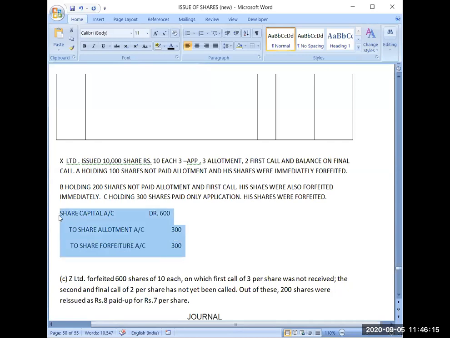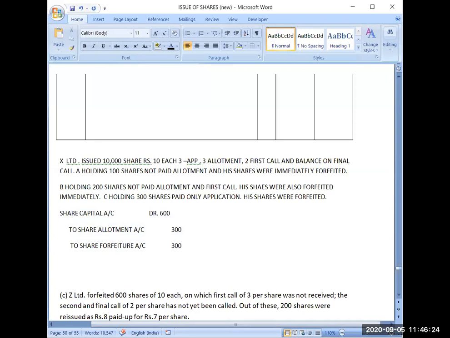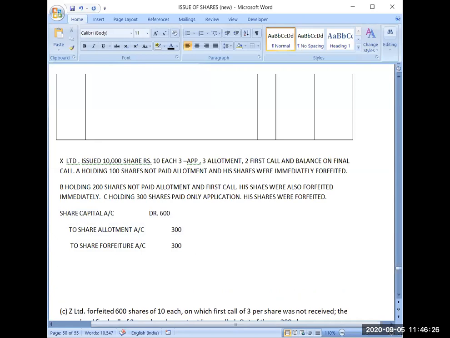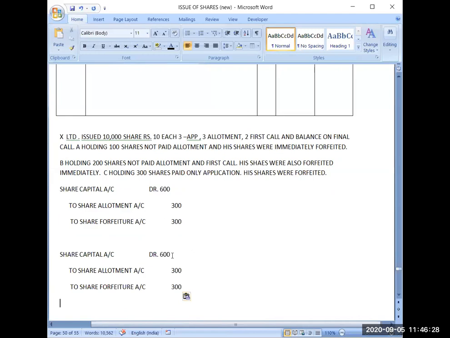Now do the entry for forfeiting shares of B. If I want to forfeit the shares of B, then it will be to share first call account. He has not paid us 2 installments.